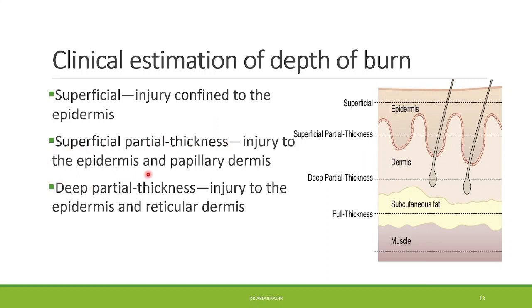In superficial partial thickness, the injury can involve the epidermis and also the papillary layer of the dermis. It will involve part of the dermis, but it is not deep, especially the papillary layer of the dermis.